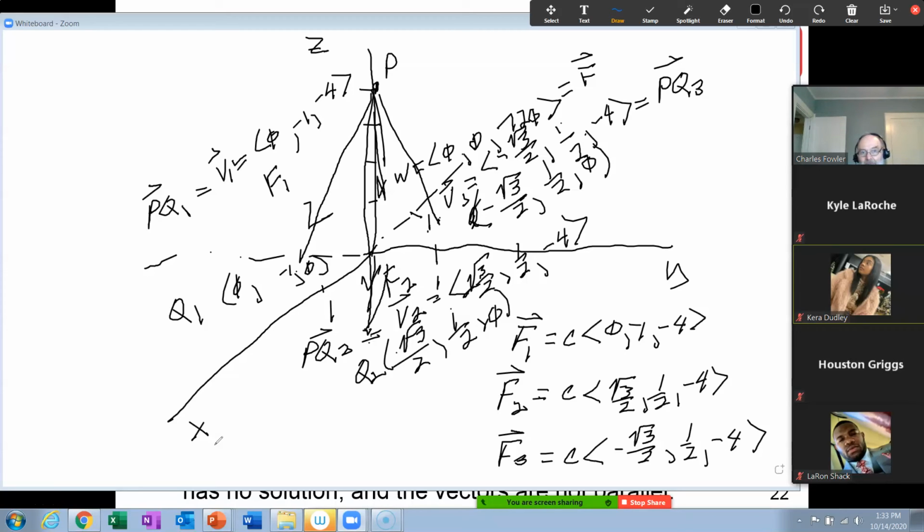Okay, so basically what I would do then is, if you write this way, F, which we know, is 0, 0, -120. And that's equal to the C times this plus C times that plus C times that.